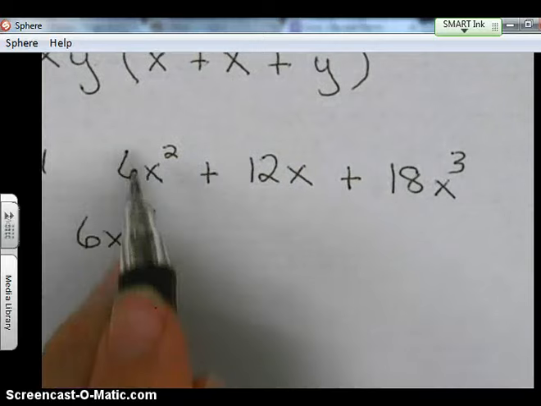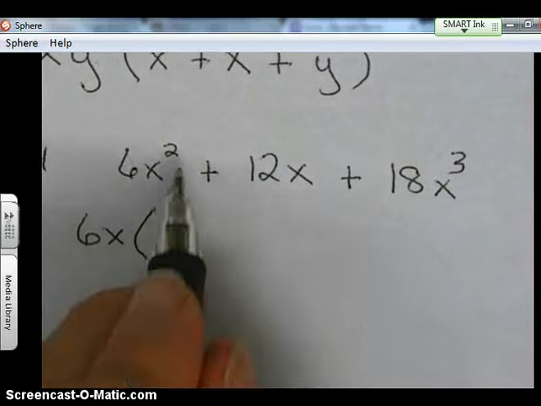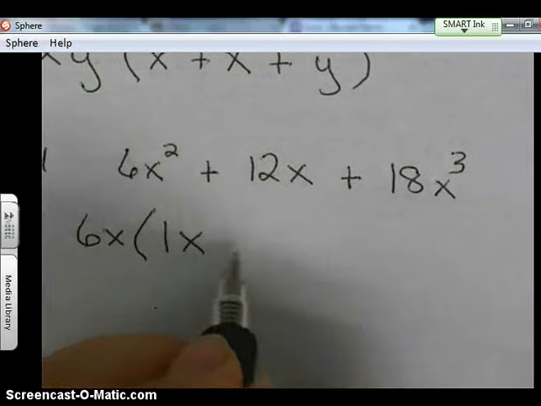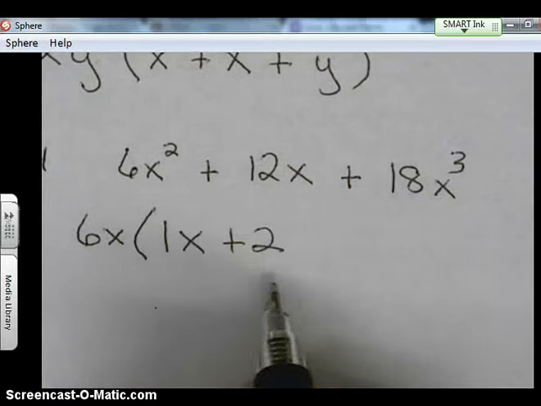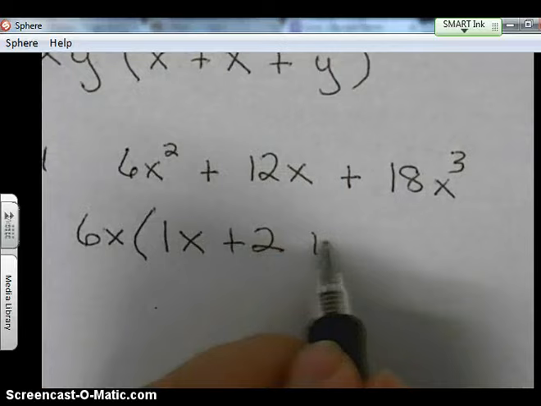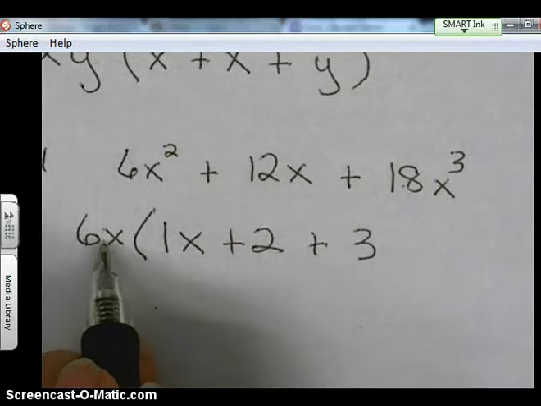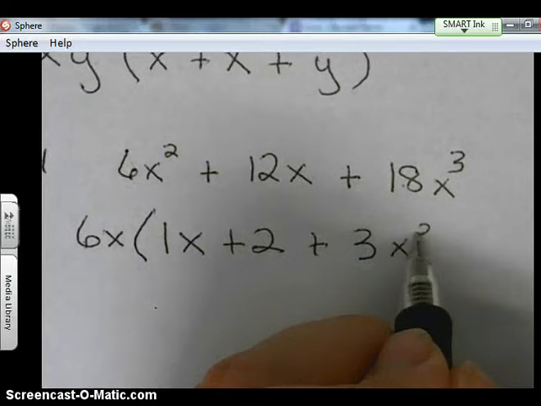So 6 goes into 6 one time. We took an x from x squared, leaving us with an x. 6 goes into 12 two times. We took an x from an x, leaving us with nothing. 6 goes into 18 three times. And then we took an x from x cubed, which leaves us with x squared.